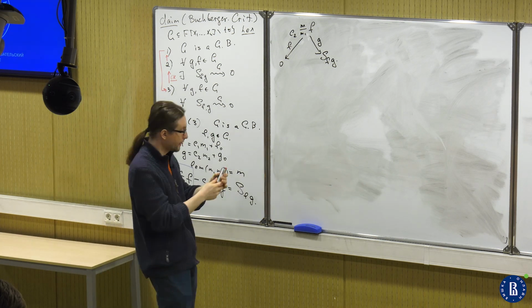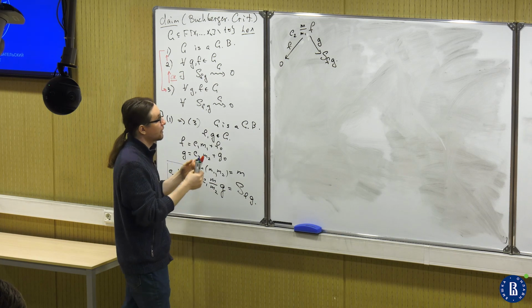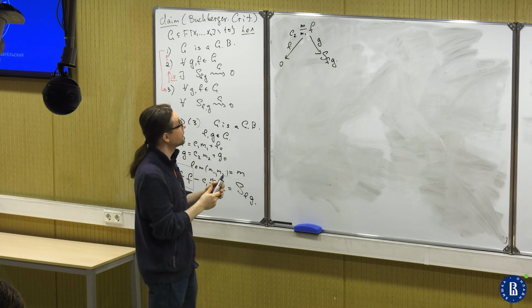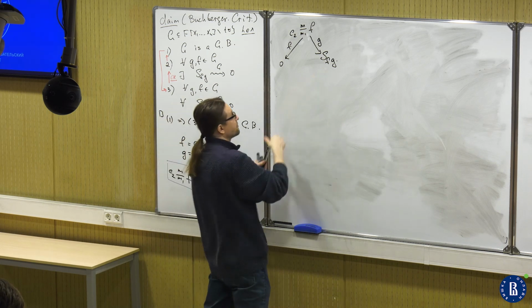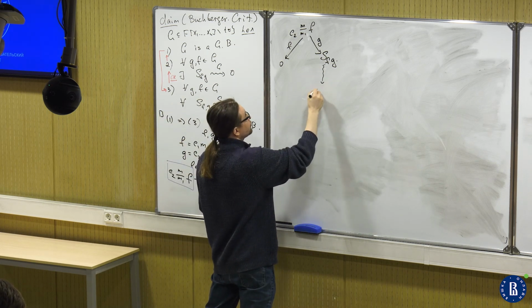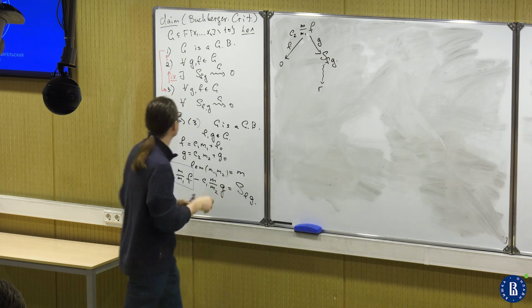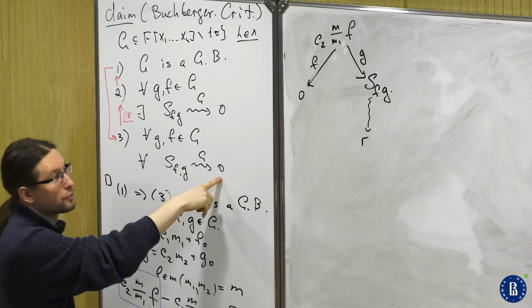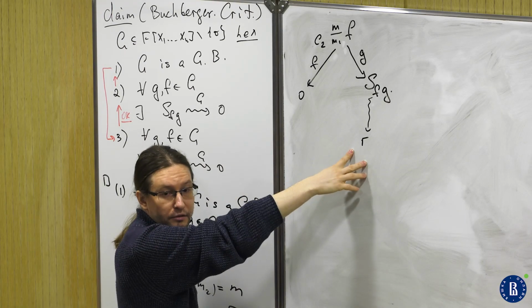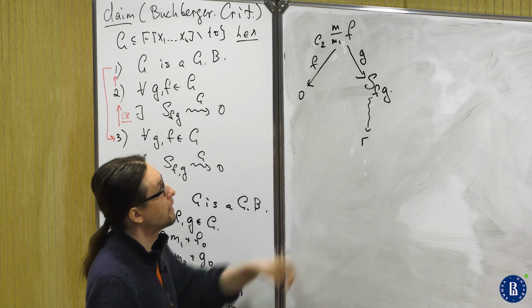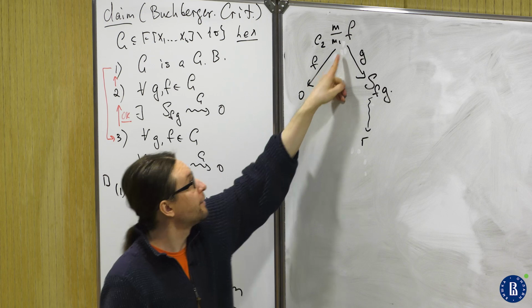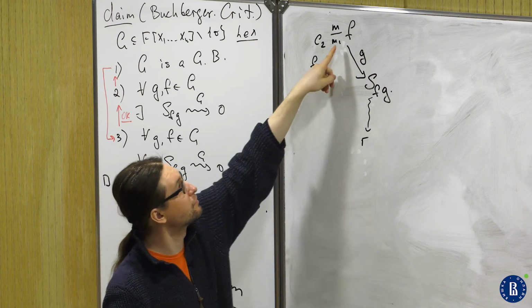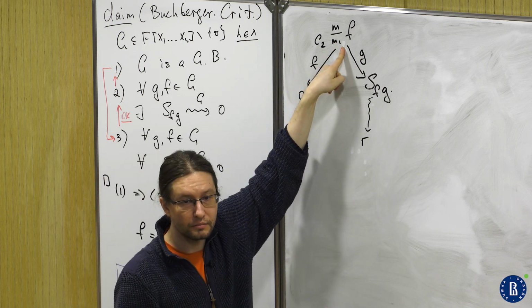Now let's take a look at some remainder of the S polynomial. So we can reduce it to a remainder. We want to prove that every remainder is 0. So let's take an arbitrary remainder R. By definition, R is a remainder of this polynomial, and also 0 is by definition a remainder of this polynomial.